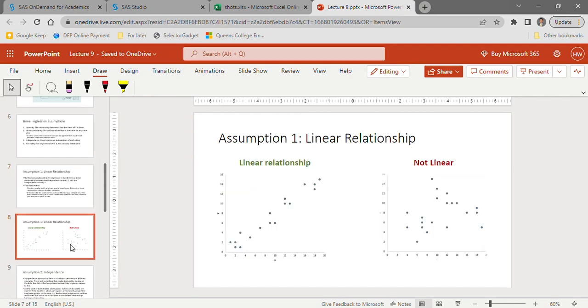So let's go ahead and take a look at an image here. This one on the left, this is a linear relationship. You can clearly see that, right? But this one on the right, this is not a linear relationship. So if the data looks like this, you're not really going to be able to perform this regression.